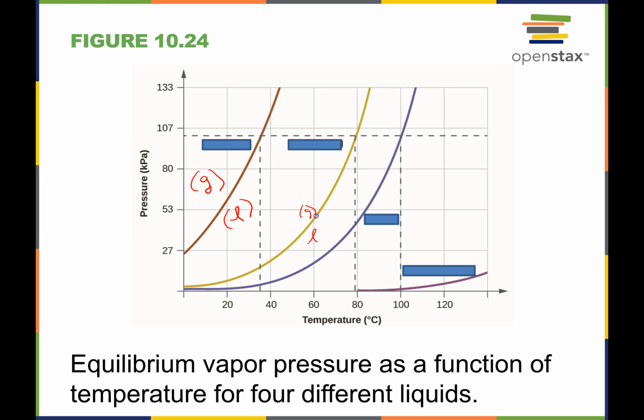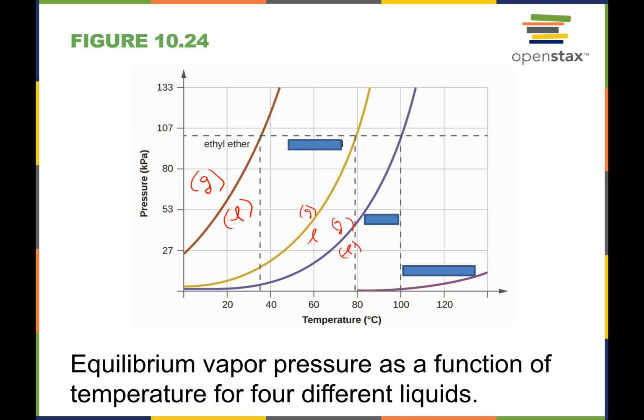Liquid, gas, liquid, gas. That transition line is what we call the equilibrium vapor pressure at a particular temperature. So this first one, ethyl ether, and by the way, you may not know what ethyl ether is. Well, we'll be talking more about that when we talk about ethers, what we call functional groups, and what you can expect from an ethyl ether.